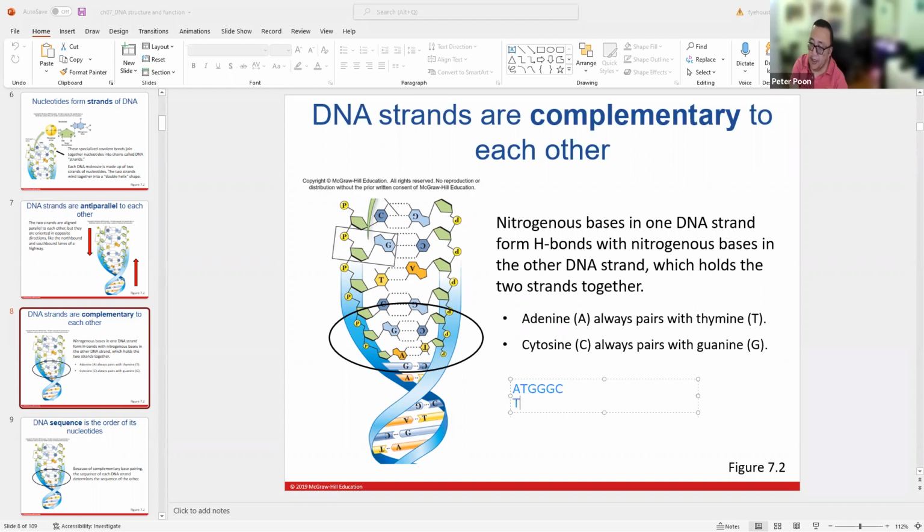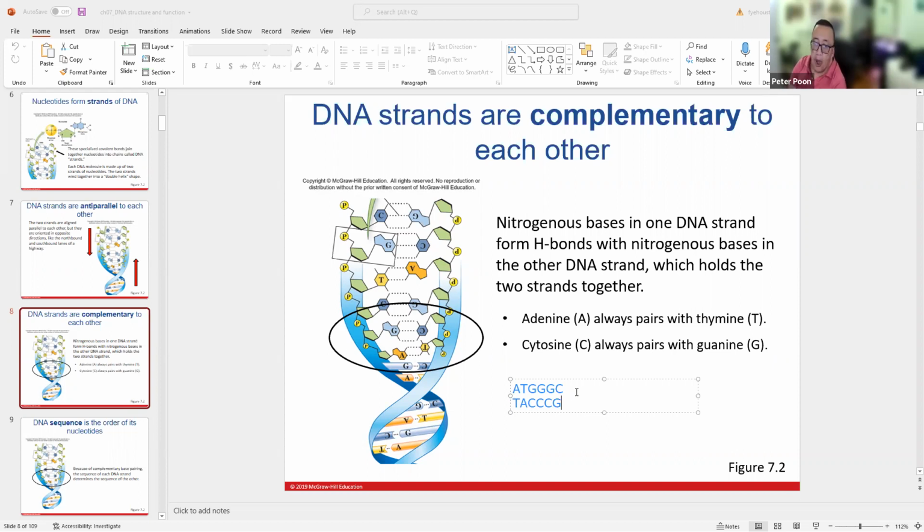A's have to bind to T's, T's have to attach to A's, and the same for G's and C's. They have to oppose each other. So A's always pair with T's, T's always pair with A's, and then G's and C's.